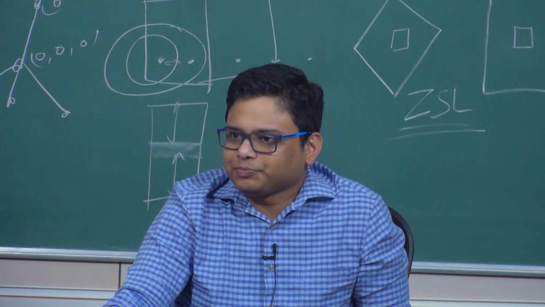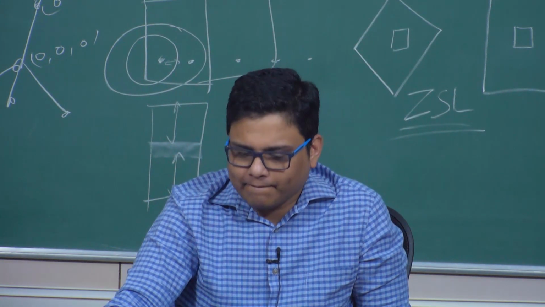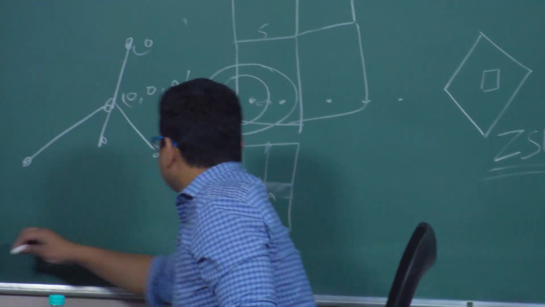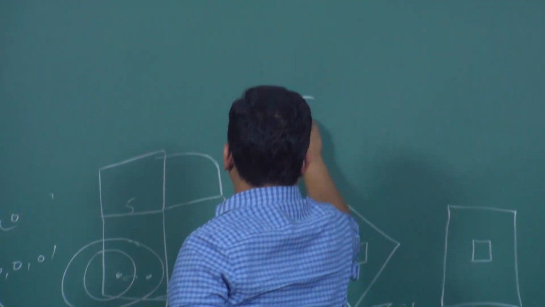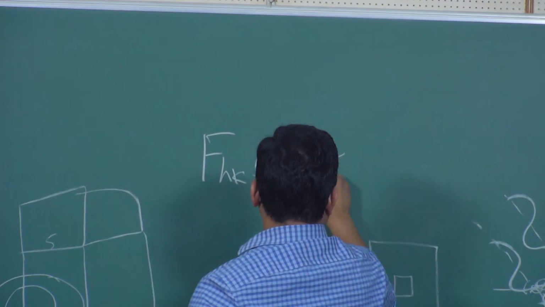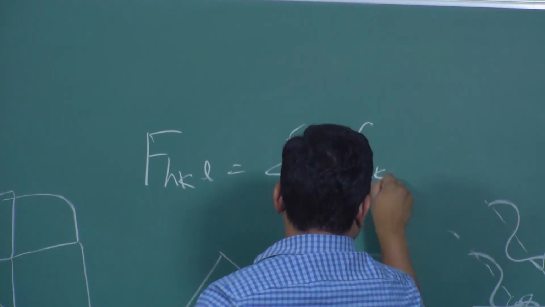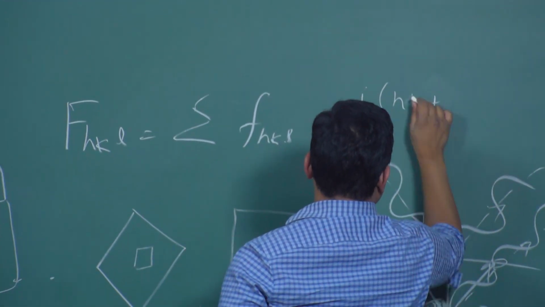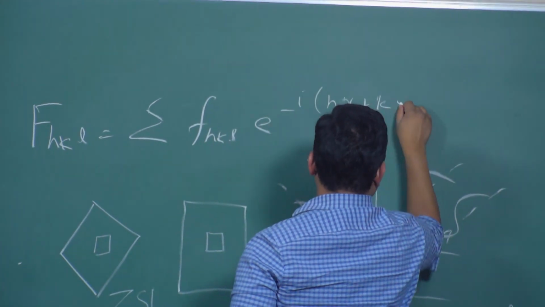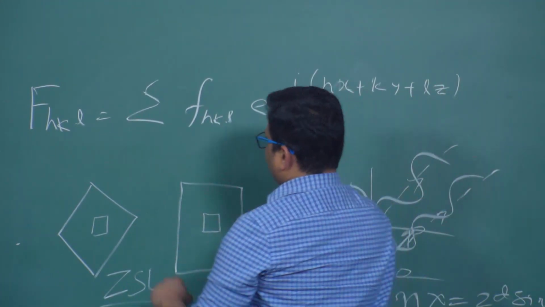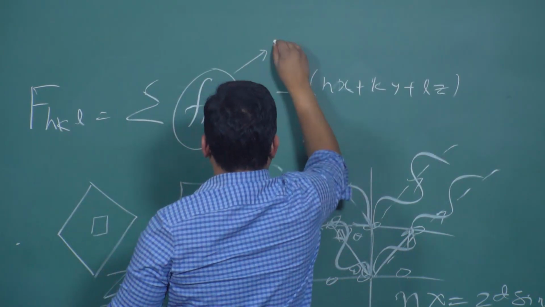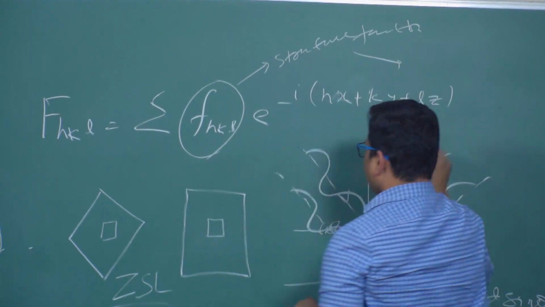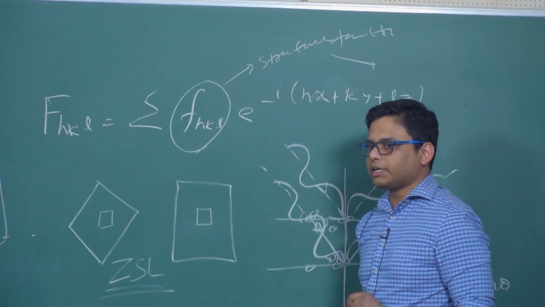Yes. In XRD, how do you get the intensity? Like we got how to get the positions. Good question. There is a formula: F(hkl) equals the sum of f times e to the power i(hx + ky + lz), and this small f is called the structure factor. The structure factor for each atom is very characteristic and is available in databases.